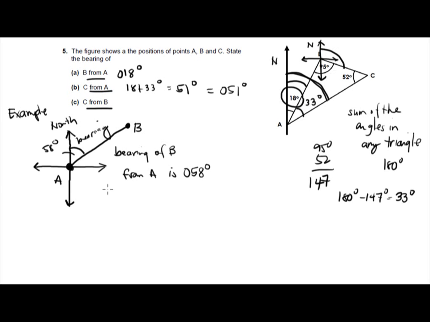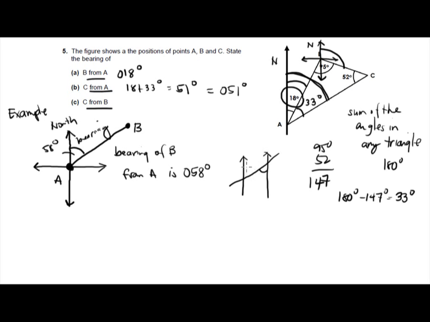Common to bearing problems is the use of the concept of parallel lines. So if there are two parallel lines and there's a third line crossing the two parallel lines, the alternating angles are always equal.